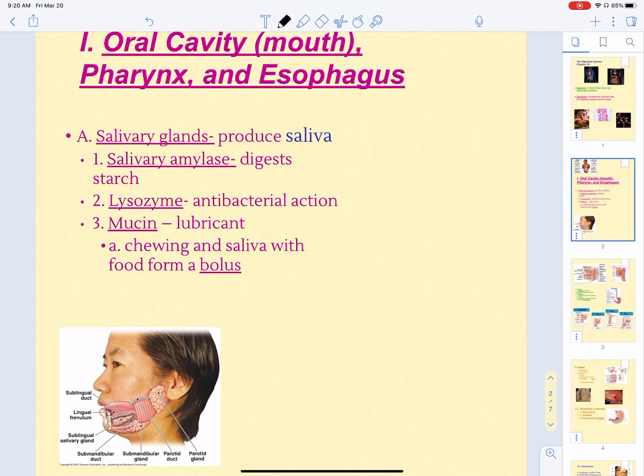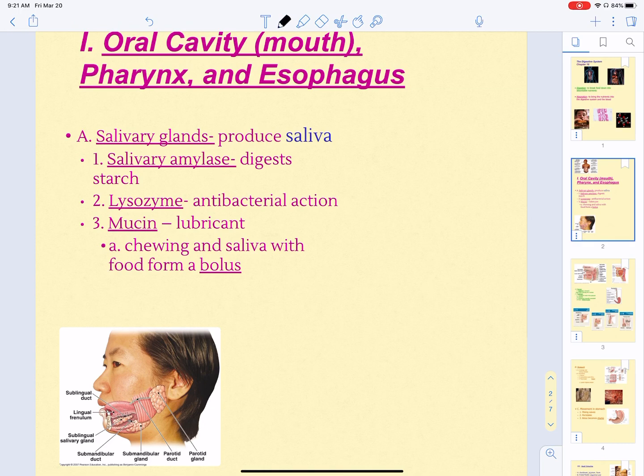You're also going to have something that is going to take care of some bacteria, the lysozyme. Zyme tells us that it's some sort of enzyme, and those enzymes are definitely going to help keep you healthy. The last thing that's added is a lubricant. Hopefully you all understand a lubricant is something that makes something move past.